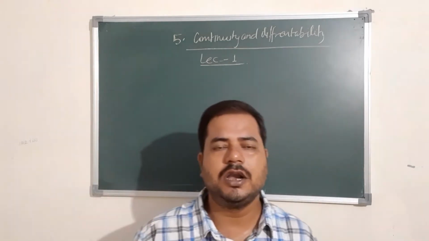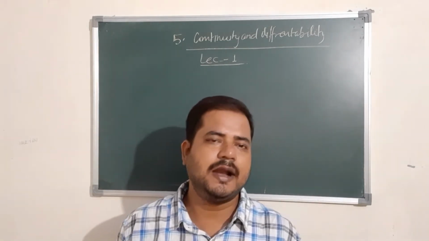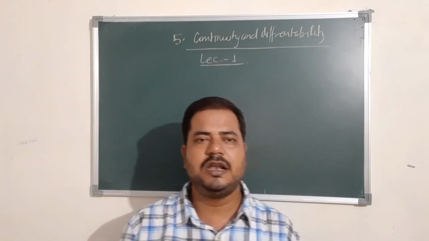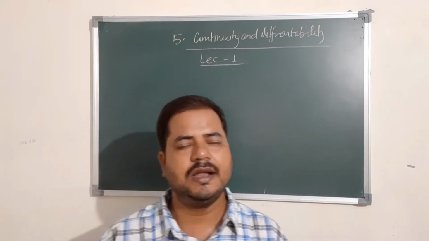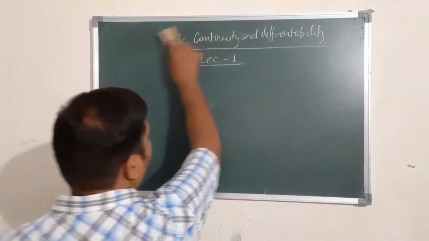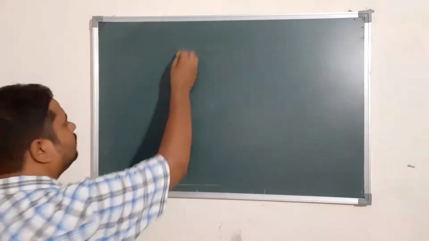Before continuity and differentiability, we already had the limit of a function in class 11. So we need limits for continuity and differentiability. What is the meaning of the limit of a function?